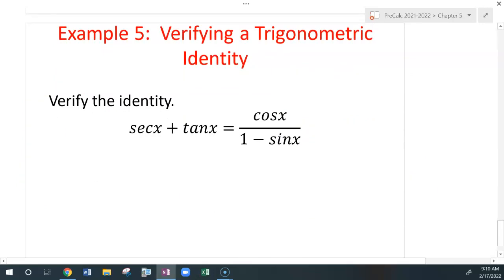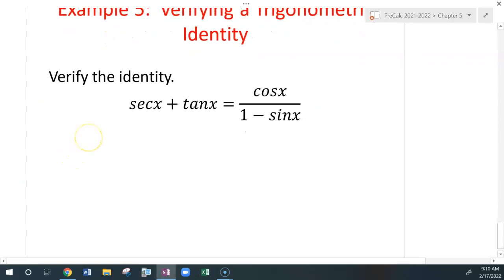All right, so look at this one. Which side should we do? I could try to do substituting sines and cosines over here, or I could try to deal with this denominator over here. And it turns out that it's actually better to work on the right-hand side here. So what I'm going to do is I'm going to multiply 1 plus sine x over 1 plus sine x.